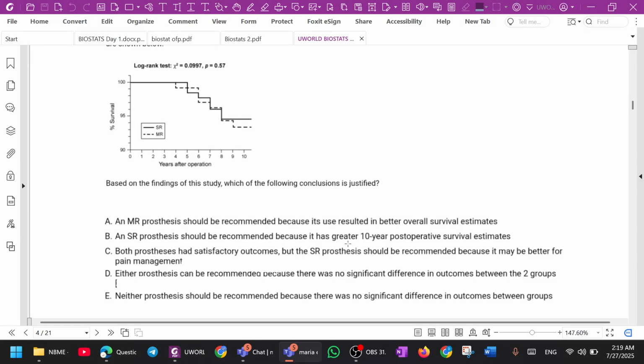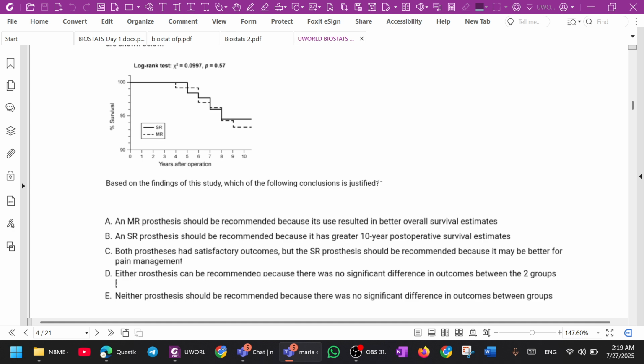Let's look at the question. If we look at the question, does it say somewhere that the MR one had better survival times? It says that both groups at follow-up were good. That's clinically significant, so they were good. And it says that there was no significant difference between the two groups.